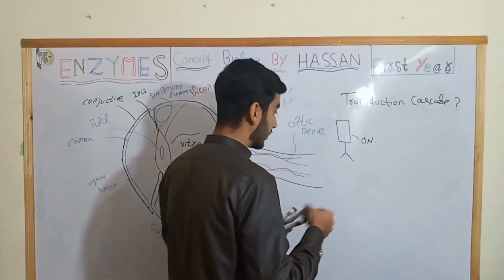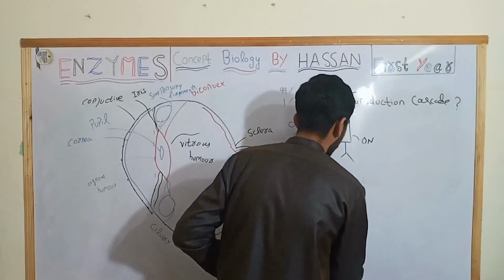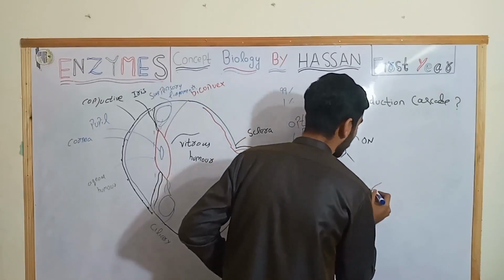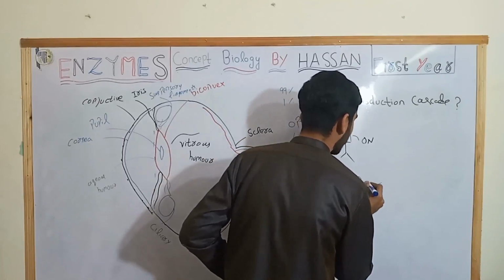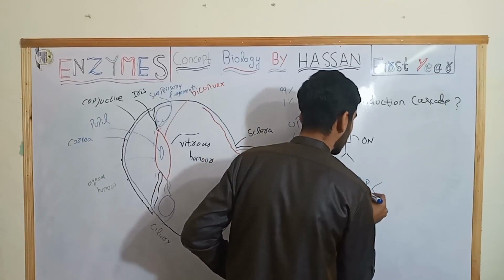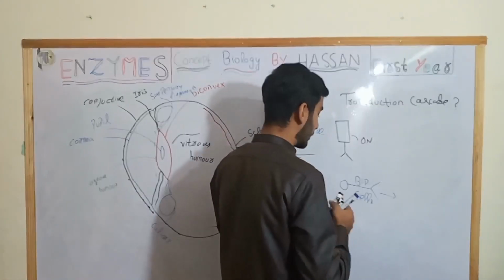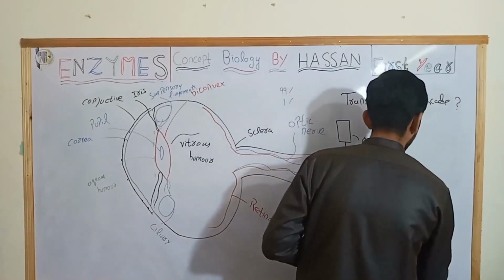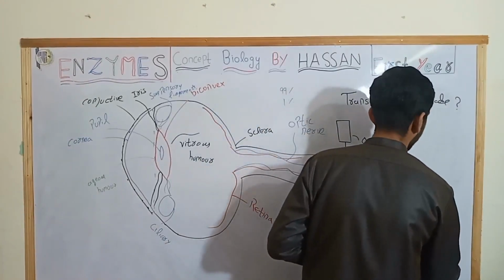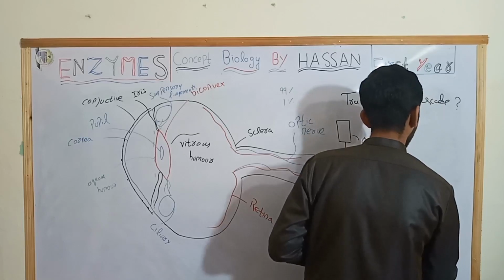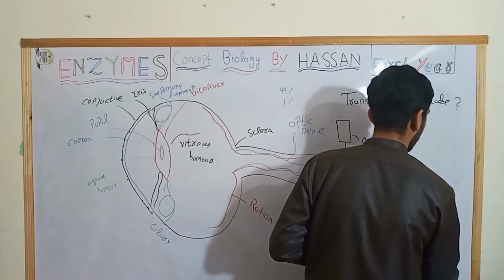It also switches on another type of cell. We call it bipolar cells. This bipolar cell switches on another type of cell which is called retinal ganglion.